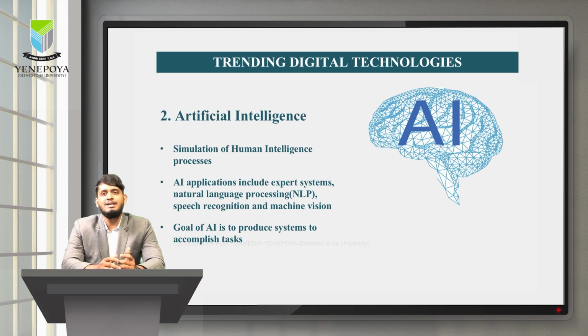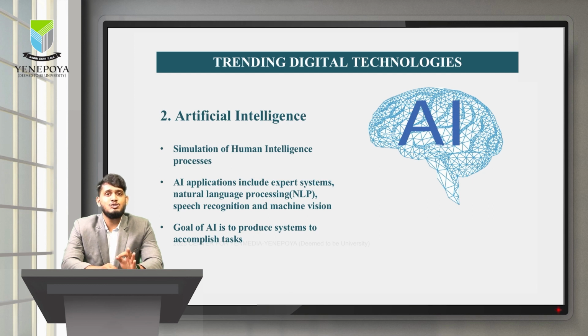There are several applications of artificial intelligence, which include expert systems, NLP, that is natural language processing, speech recognition, and machine vision. Out of these, one of the best examples of artificial intelligence is NLP.